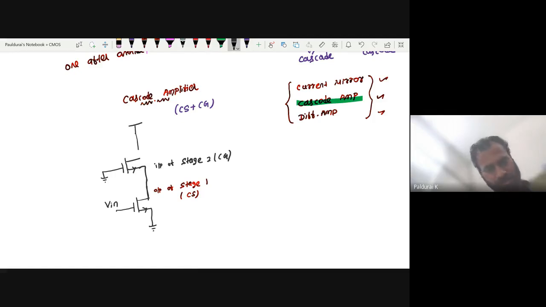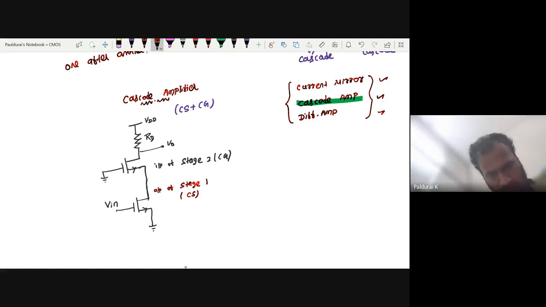This is my VDD. If you want you can connect RD. Nothing wrong. And this is my Vout. RD.